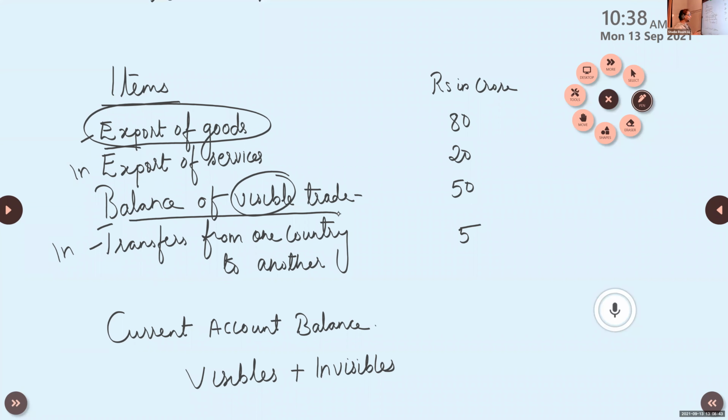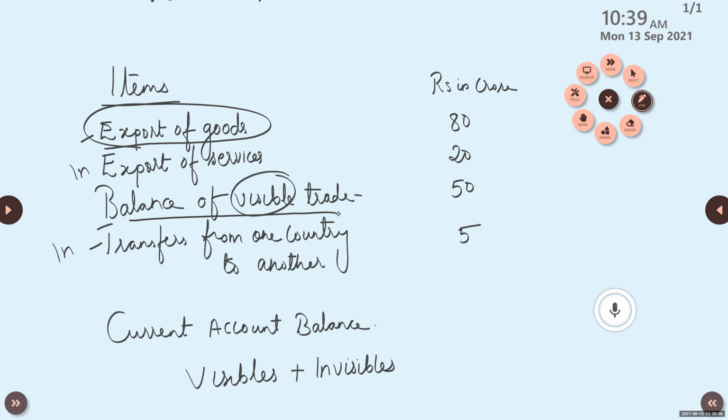So what all things we have to take out of these four categories? Anila? Export of services comes under which category? Visible or invisible? Invisible.